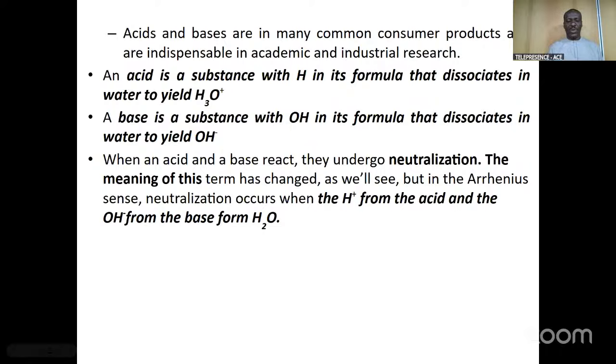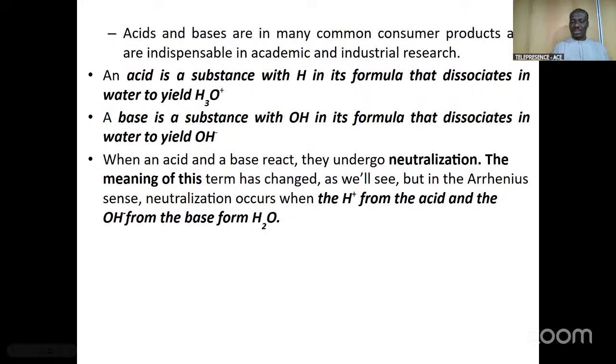And of course, we all know that when an acid and a base react, they undergo neutralization. Now, let me make us understand at the onset that it is not every acid-base reaction that we can term neutralization. Neutralization is actually a term for the reaction between a strong acid and a strong base.